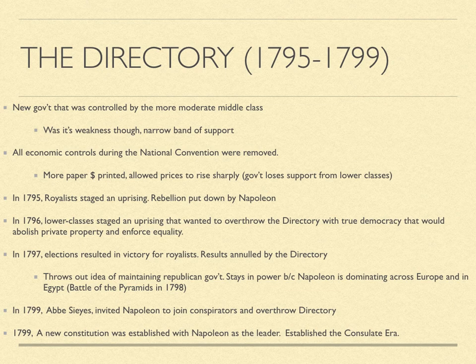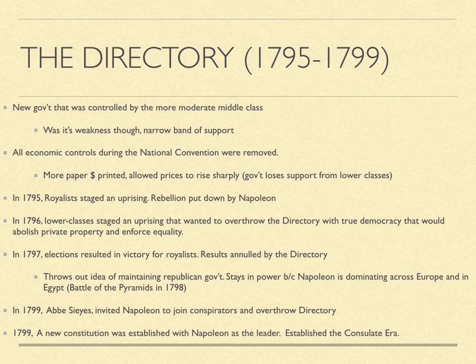And I think the biggest thing that probably allowed it to exist for 4 years is Napoleon basically kicking everybody's butt across Europe and also in Egypt. Napoleon's successes in war were used as nationalistic propaganda to try to get people to support this revolutionary government more, even though many people were unhappy with how moderate it was.